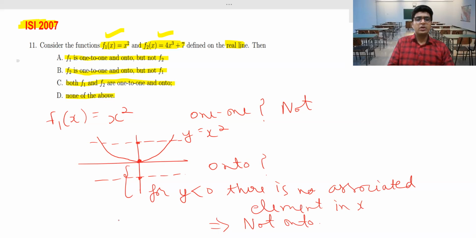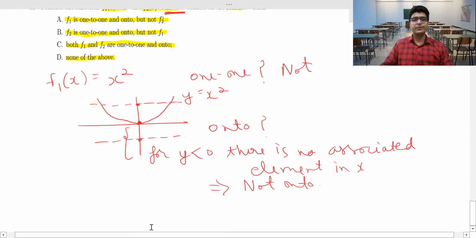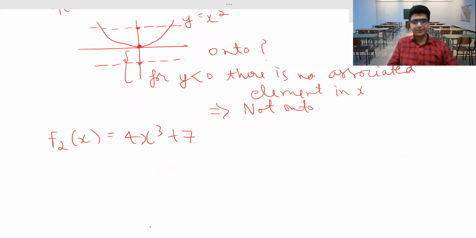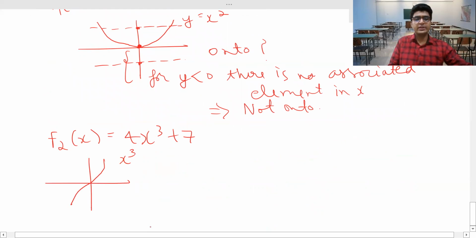What about 4x cube plus 7? Is it 1-1 and onto? Let's check that. So the second function is 4x cube plus 7. We know that x cube looks like this.